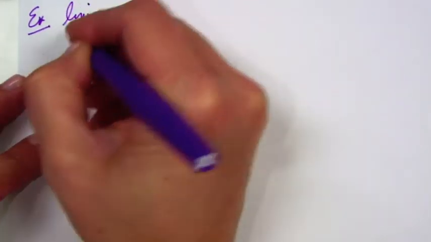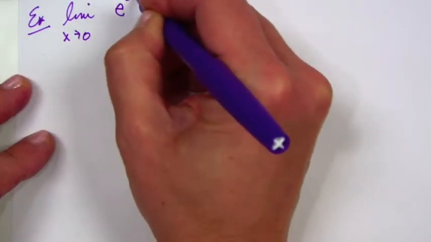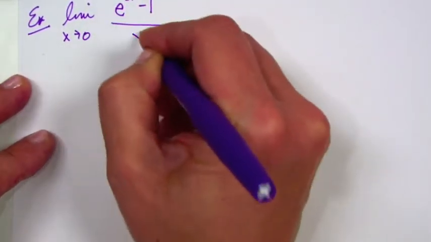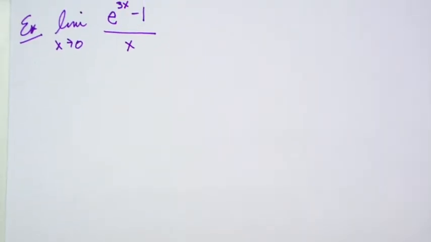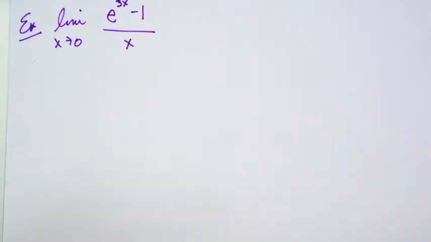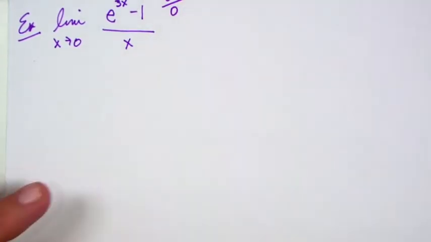Okay, so let's do this problem. The limit as x approaches 0 of e to the 3x minus 1 over x. Okay, so I'm working my AP practice test. I'm going along and I see a limit problem. First thing I'm always going to try is plug it in. Direct substitution. If I substitute directly into this, I get what? 0 over 0.